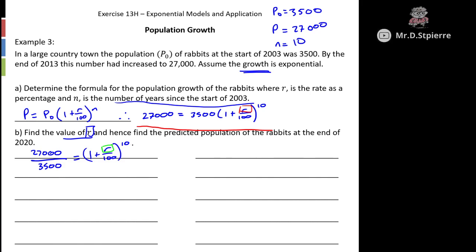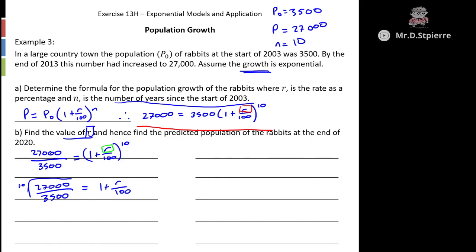Since we have the power of 10, to undo the power, we take the 10th root of both sides. And that'll equal 1 plus r on 100.